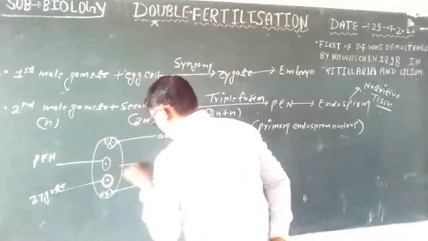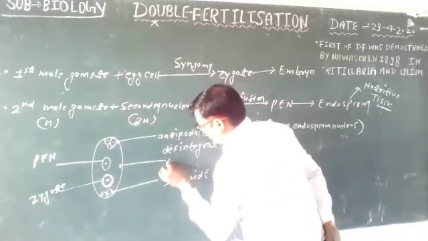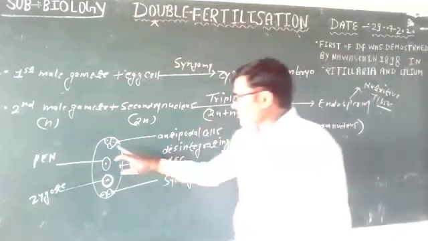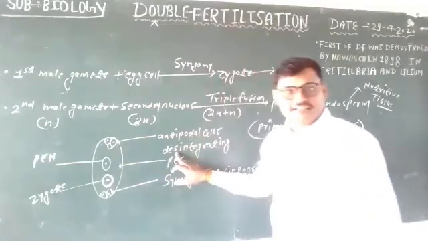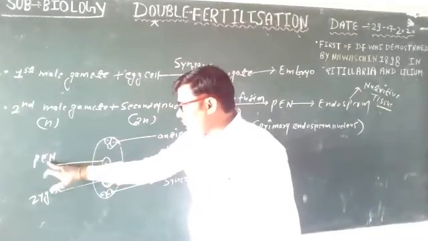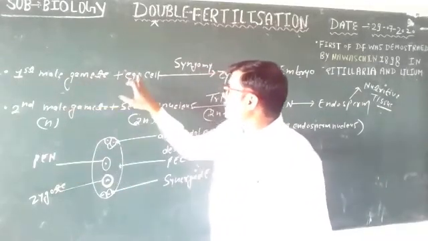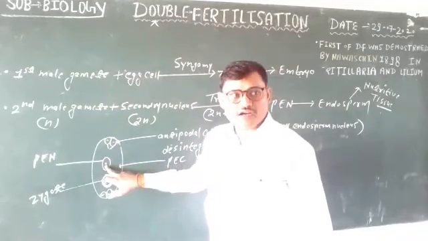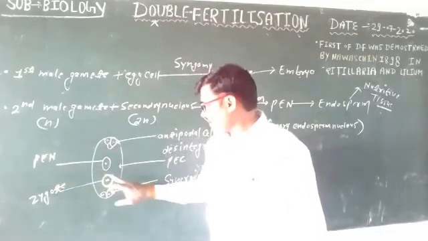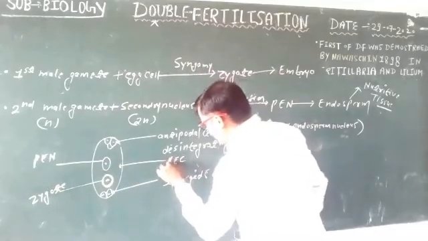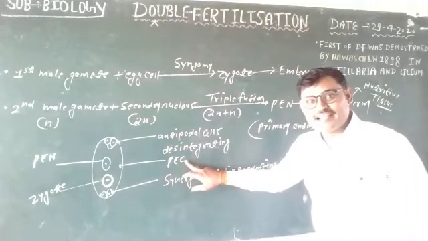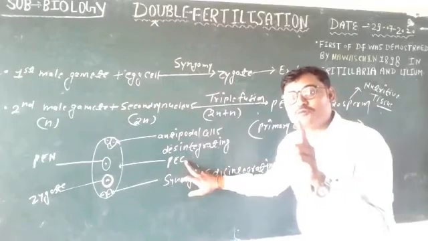And this cell is known as PEC. See, the antipodal cells are disintegrating and the synergids are also disintegrating. After that, the fusion of the first male gamete with the egg nucleus forms the zygote, and the fusion with the polar nuclei forms PEN. Already I told you, PEN means primary endosperm nucleus. And PEC, one more point: PEC means primary endosperm cell.